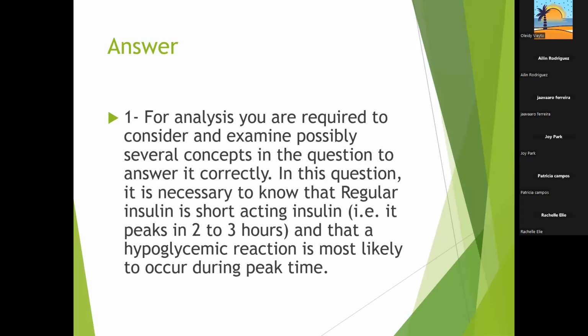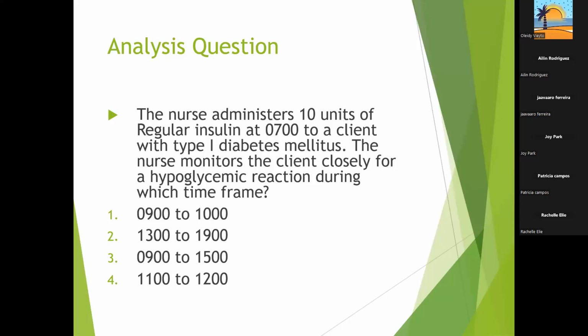I'm looking for peak. When is it the strongest? Not onset, peak. So regular insulin, again, peaks in 2 to 3 hours. And remember, what type of diabetic was it? Type 1. They rely on what type of insulin? Regular.